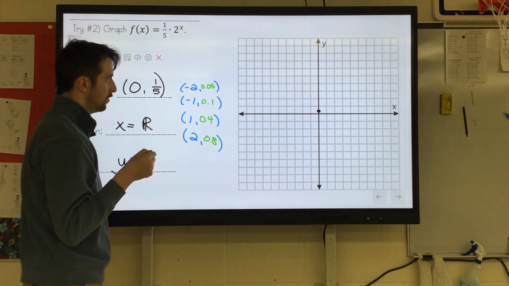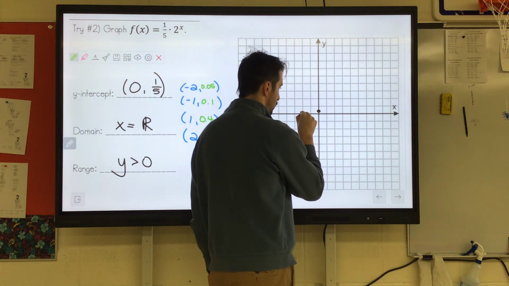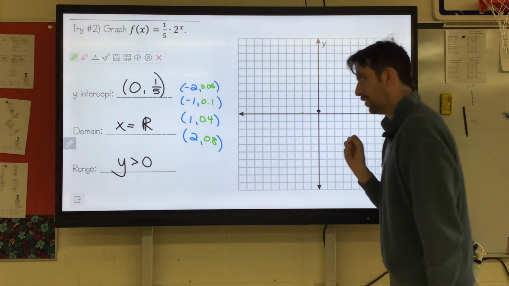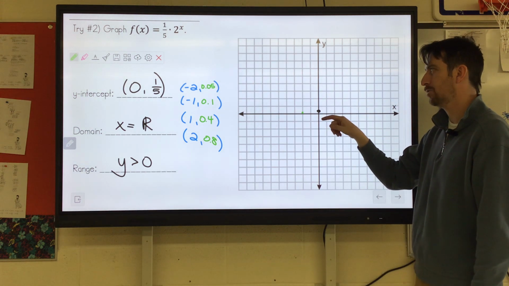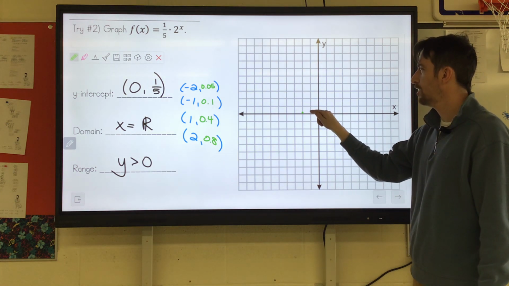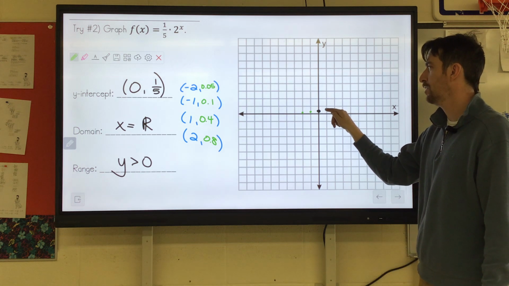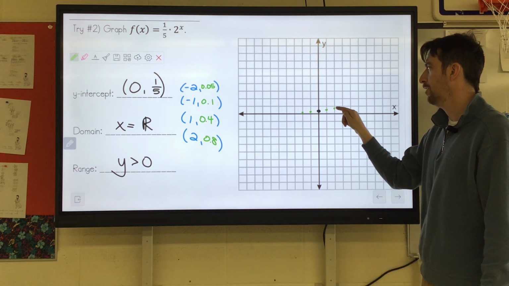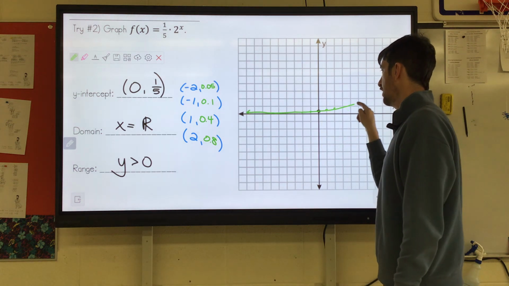We'll try our best to graph these. -2, 0.05. It's like just a frog's chin hair over the x-axis. I really stretched for that. -1, 0.1, 1, 0.4, and then 2, 0.8. Oh, that's like barely growing there.